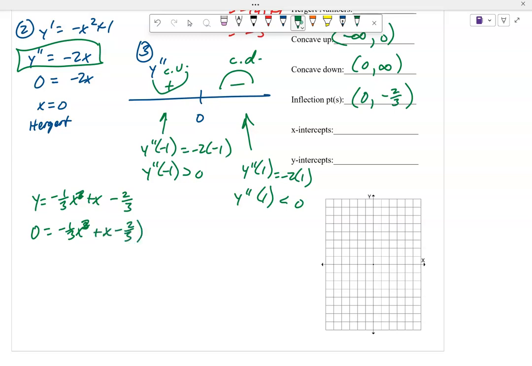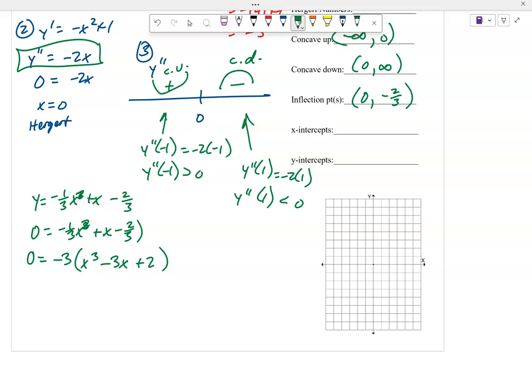And we could solve that down to find our x-intercept. So let's see. 1 would go into that. I'm going to multiply this by -3, so I'd have x cubed minus 3x plus 2.